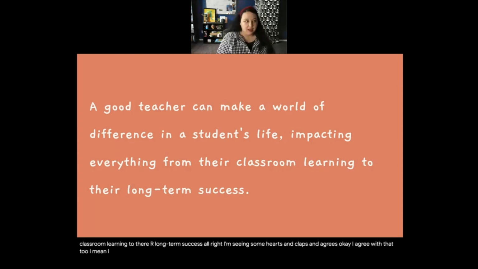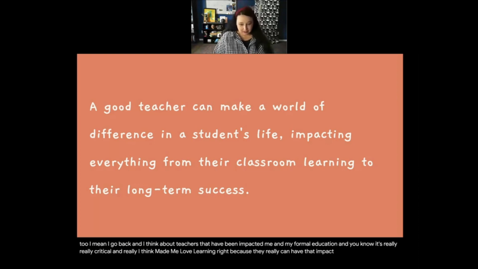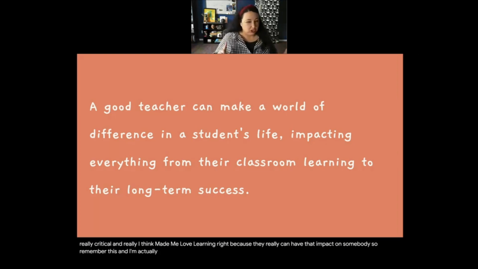I mean, I go back and I think about teachers that have impacted me in my formal education, and it's really, really critical and really, I think, made me love learning, right? Because they really can have that impact on somebody. So remember this, and I'm actually going to change it just a little bit, okay? So here's what I'm going to change it to. You ready?